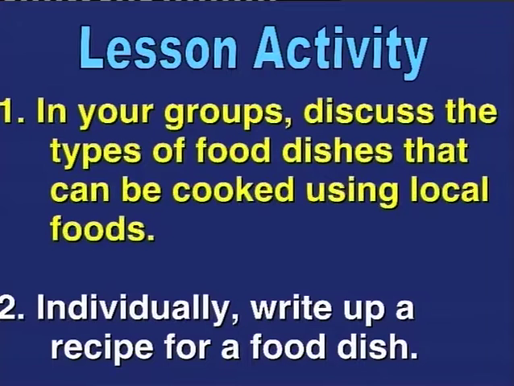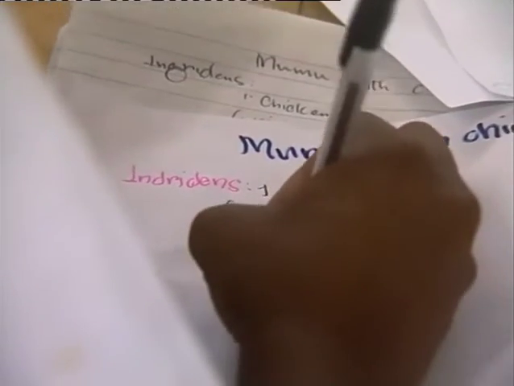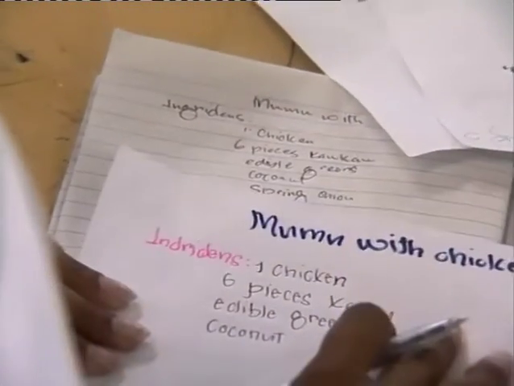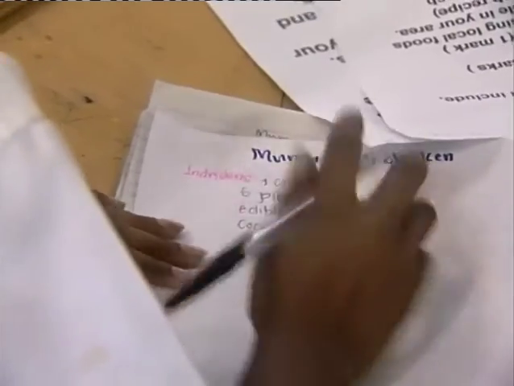Gima, what's your food dish? Roasted chicken. And Hayano? Yours? Potato salad. Okay. What's yours? The food dish you are going to write? Oh, nice. Good. And what about you, Tanabi?